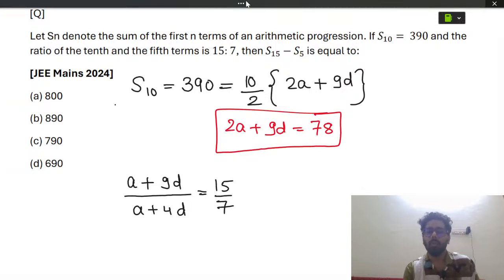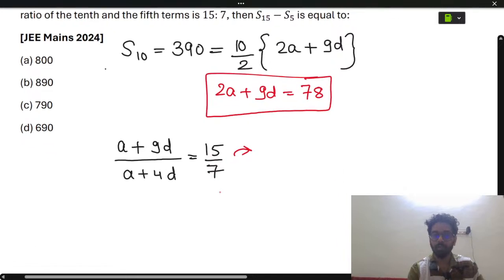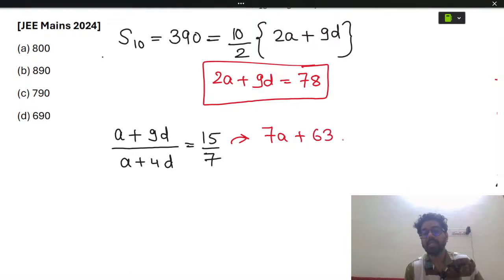Now what should you do? Generally, I would cross multiply without a second thought. Let's do it. So when you cross multiply, this is 7a plus 63d is equal to 15a plus 60d.